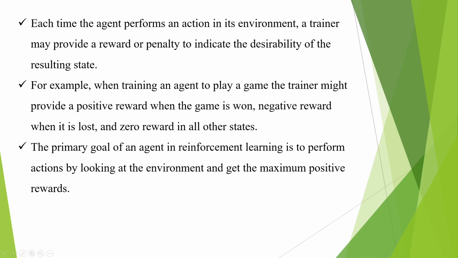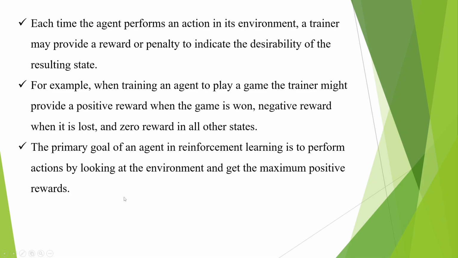So to get the maximum positive rewards, the agent has to perform the correct actions only, successful actions only, actions which are leading towards the goal state only. That's the reason we are saying the primary goal of an agent in reinforcement learning is to perform actions by looking at the environment and get the maximum positive rewards.